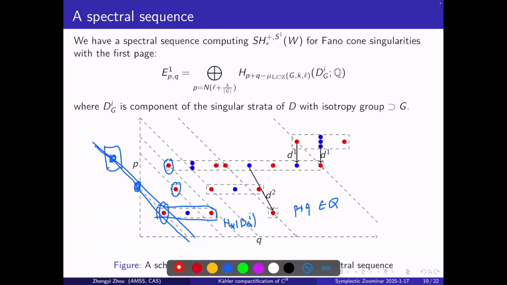The highest term here will always survive in the spectral sequence, because if it does not survive, also the highest red point. So maybe I should say highest red point. Because if it does not survive, that means there must be some blue point to kill it, but your differential slope is always vertical or goes in this direction.